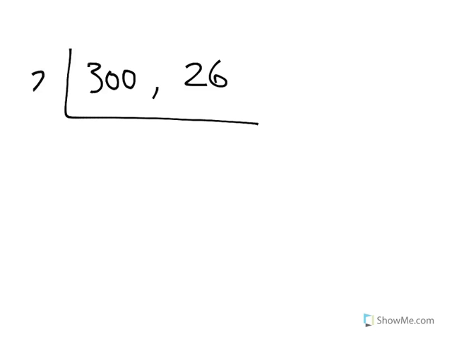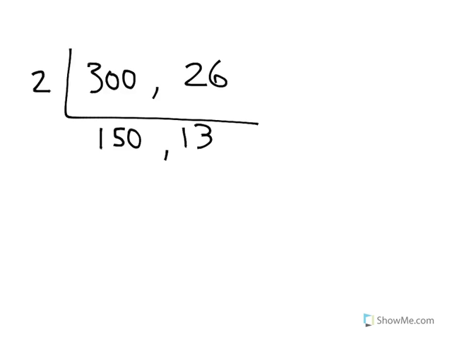Well, 2 goes into both of them. When we do that, we end up with 150 and 13. Now at that point, I actually know, if I remember this in terms of factors, that 13 is a prime number, and 13 does not go into 150, so therefore I know I'm actually done, because nothing divides into 13 except for 13 and 1.